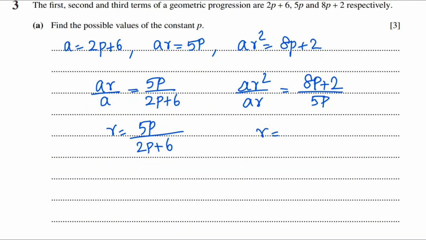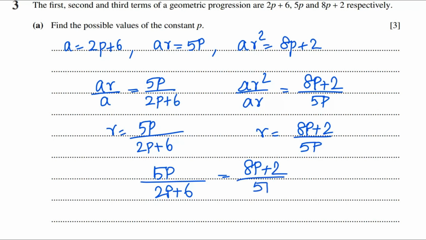So r is equal to 8p plus 2 divided by 5p. Let's equate both the r values. So we get 5p divided by 2p plus 6 equal to 8p plus 2 divided by 5p.